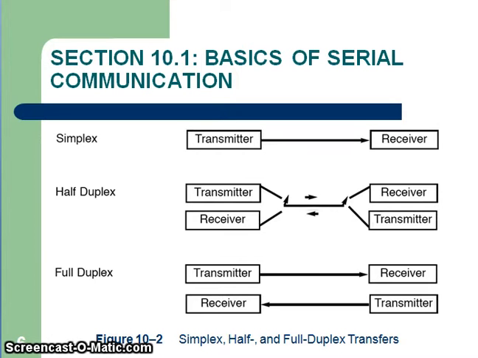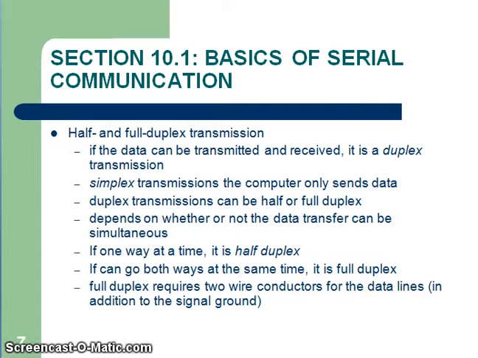If we are transferring data on both sides between a sender and receiver, then it is duplex. If it is not simultaneous, then it is called half duplex. If we are transmitting data from the transmitter to the receiver and back simultaneously, then it is called full duplex. So we can see half and full duplex transmission in the slide.